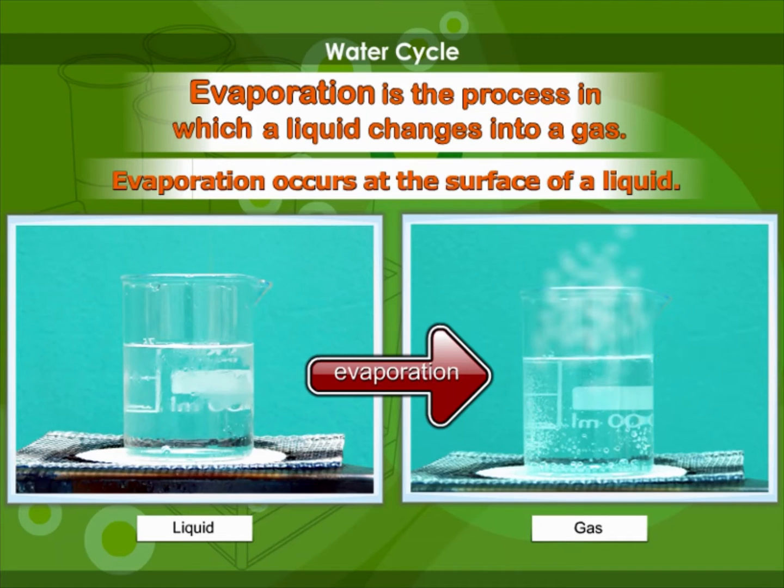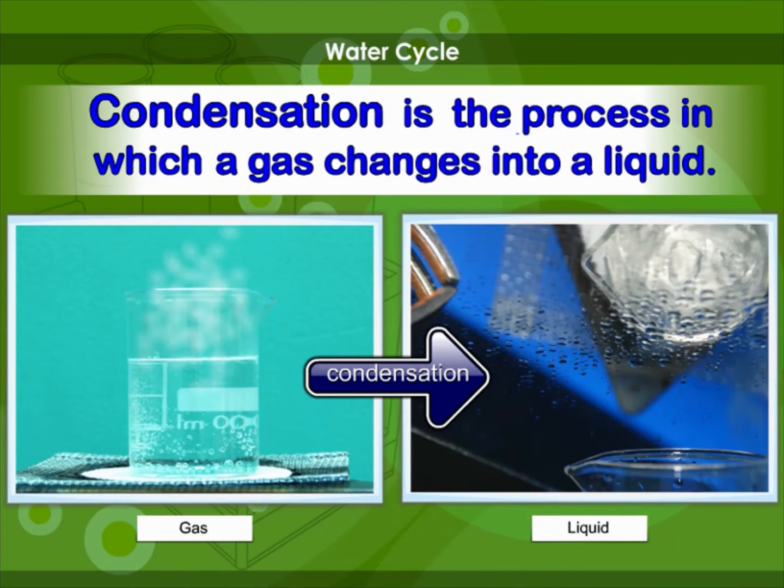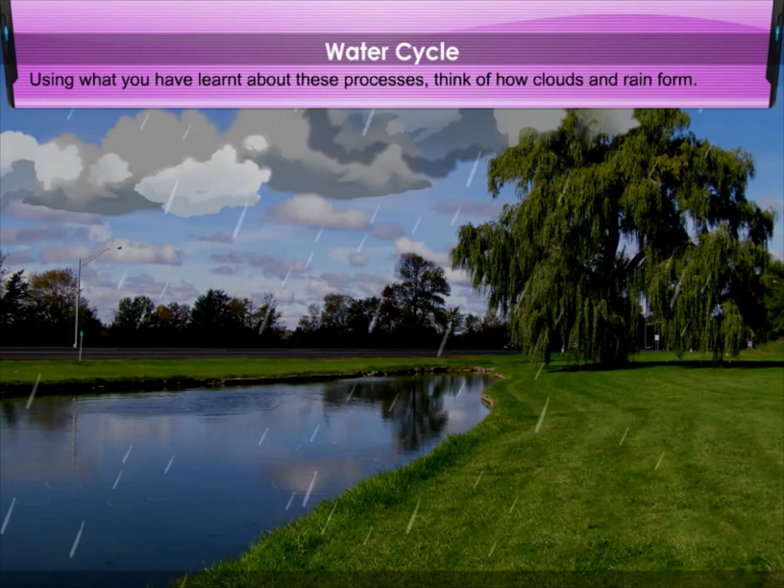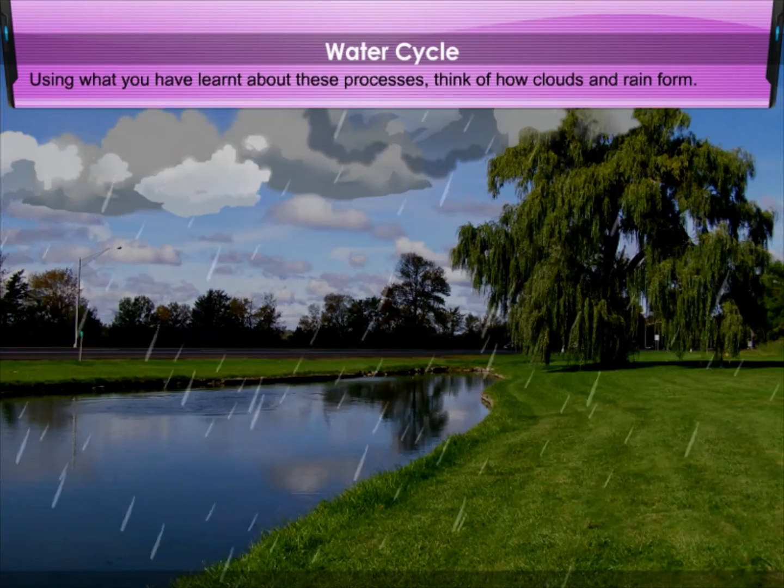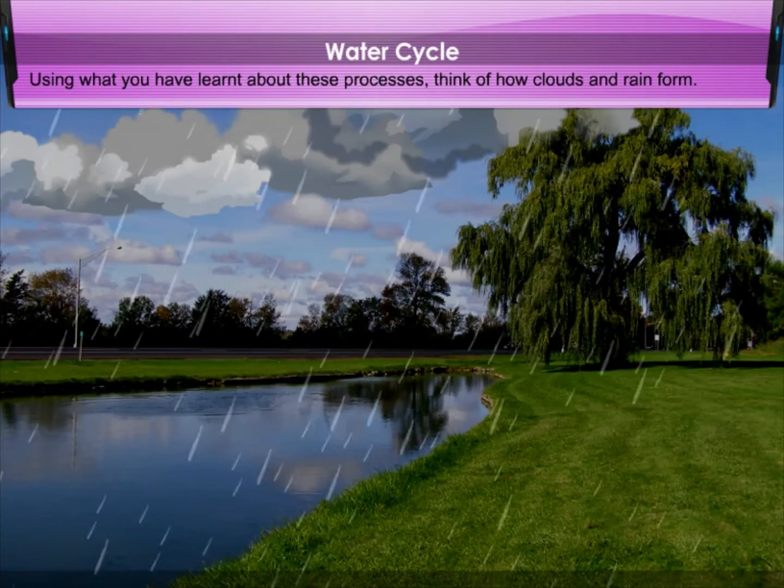During evaporation, water is converted into water vapor. Condensation is just the opposite of evaporation. Condensation is the process in which a gas changes into a liquid. Water vapor changes into water during condensation. Using what you have learnt about these processes, think of how clouds and rain form.